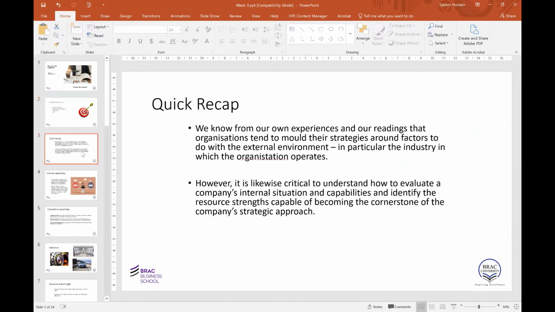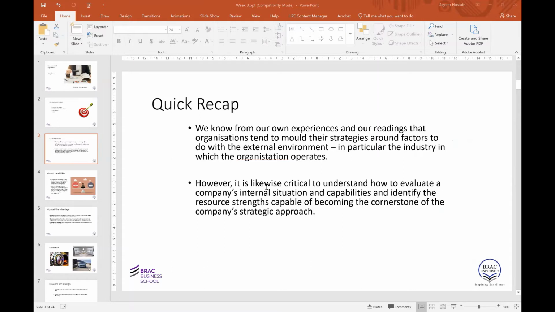So, a quick recap. We know from our own experiences and our readings that organizations tend to mold their strategies around factors to do with the external environment, in particular, the industry in which organizations operate. Same as what I mentioned at the beginning, organizations need to mold or shape their strategies according to what they see within the environment.